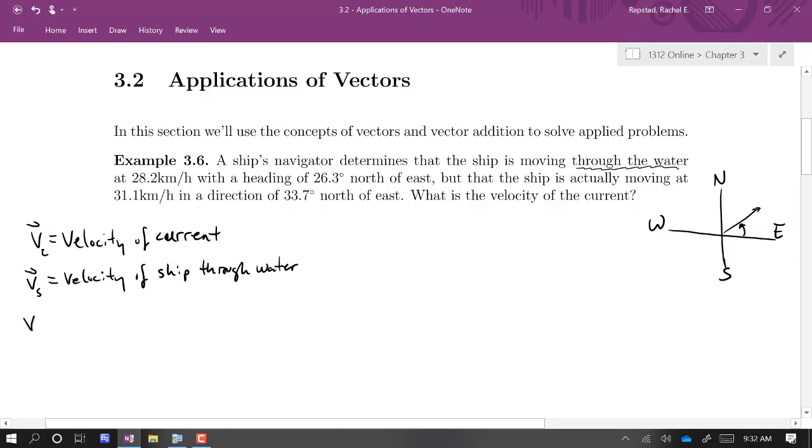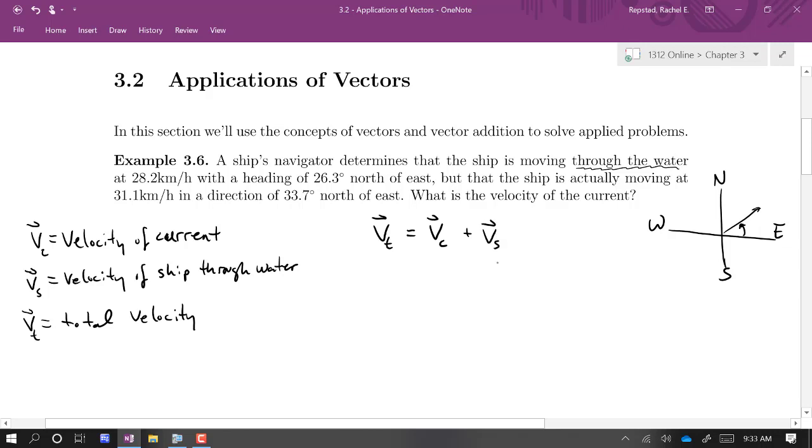And VT will be the total velocity. And the overall relationship between these vectors is that the total velocity is the sum, the resultant, of the velocity of the current and the velocity of the ship through the water.